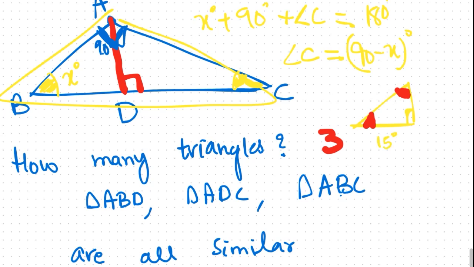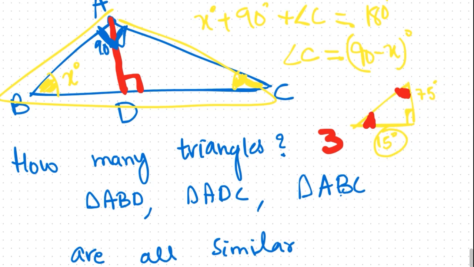Let's say one angle is 15 degrees. How much will be the top angle? They add up to 90 degrees, so 75. Without doing the full calculation, this is a shortcut.